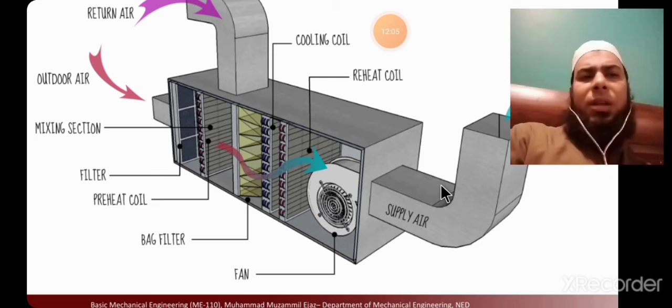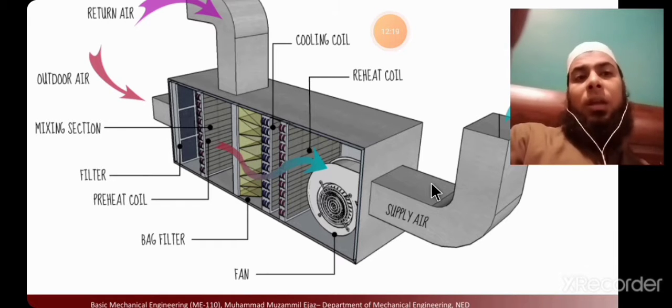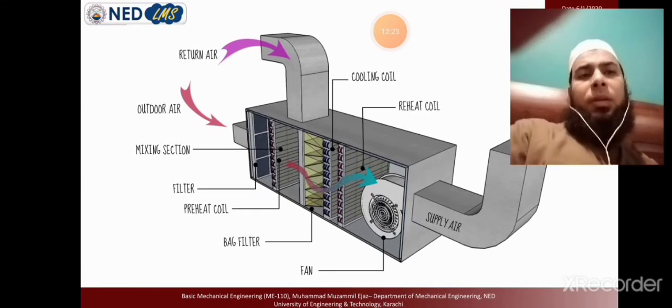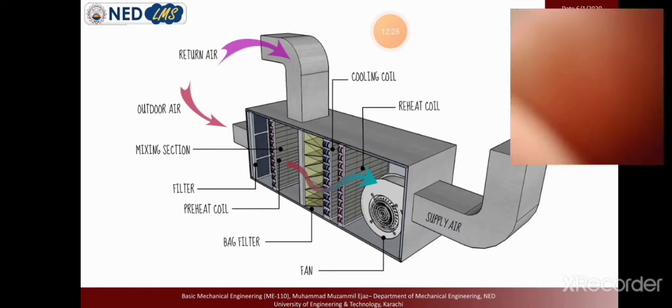But it is not very available in the market, and it's used only in very dry climates. I don't see any air handling unit in Pakistan which has a humidifying effect. Mostly we need to do dehumidification.